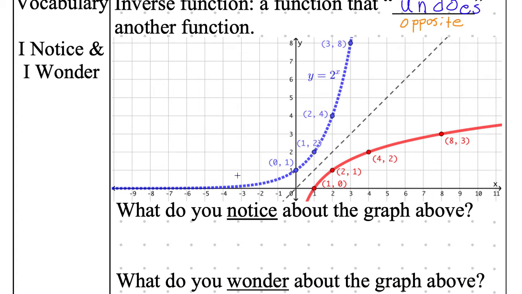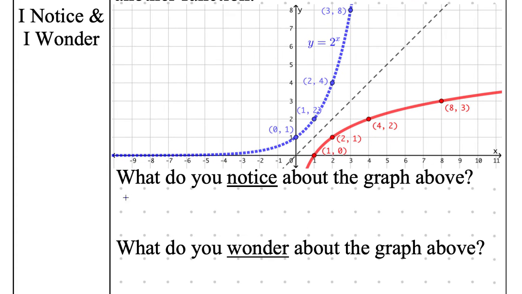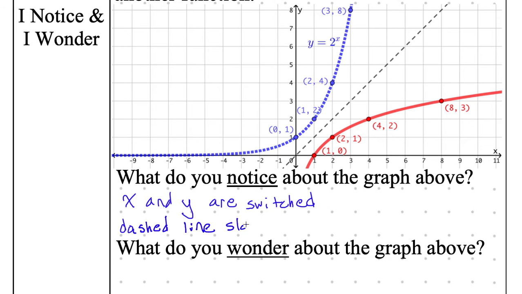Okay, so let's write down a few of the things that I can remember, and maybe I should have written these down beforehand. X and Y are switched. The dashed line slope is 1.